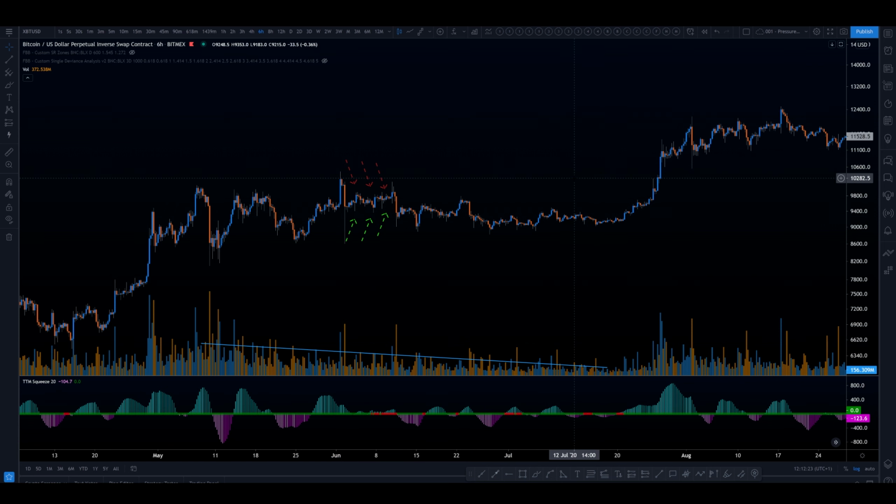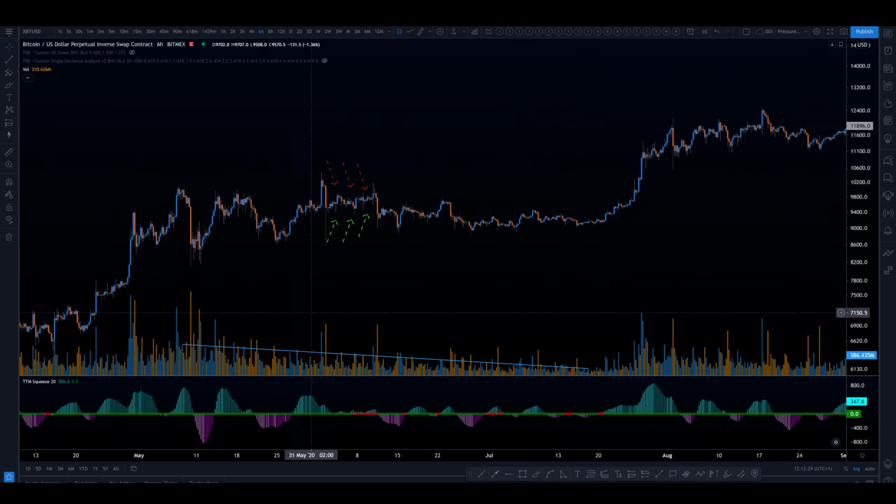So we do have additional confirmation that we are in a pressure zone here. If you see volume decreasing while volatility is decreasing, you can with confidence say that we are in a pressure zone, and we will see some big moves out of that.